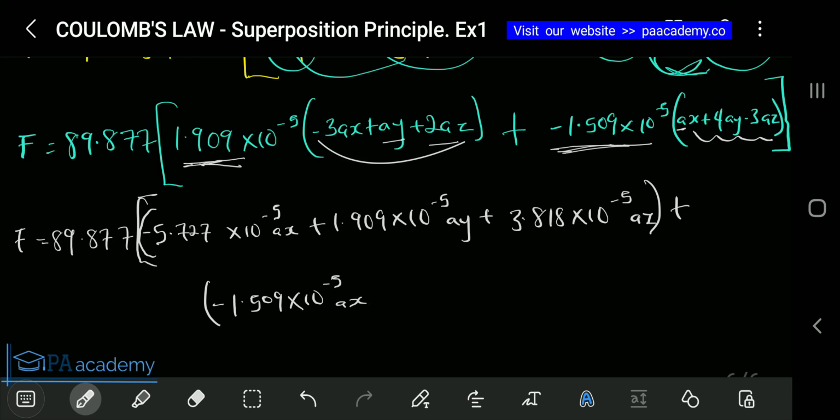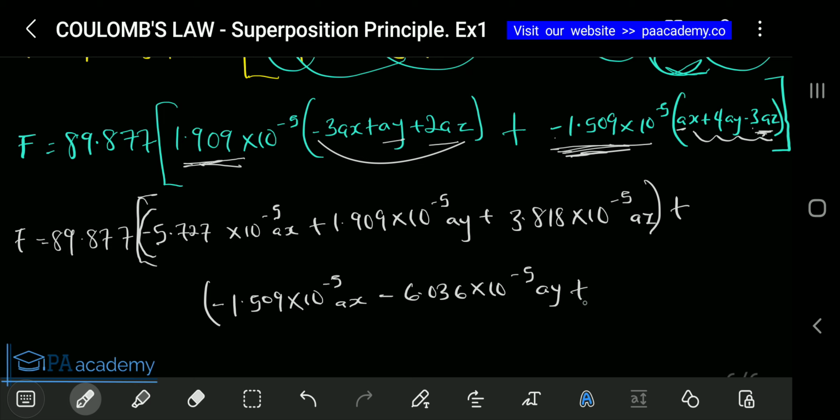So I will also use the same value here to multiply 4AY. That will give me minus 6.036 times 10 raised to the power minus 5 AY. Then lastly, I'm also going to use this minus 1.509 times 10 raised to the power minus 5 to multiply minus 3AZ. Note, this is minus 3AZ. So the minus and minus will be plus.